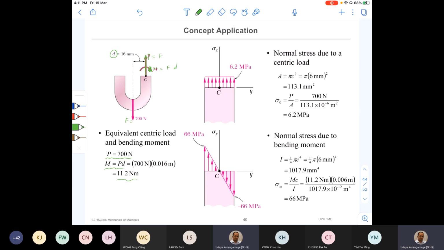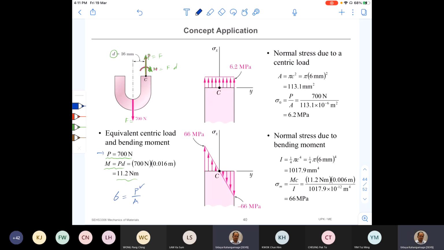Now once you know the two forces, it is easy to find the stresses. So this P is going to create a normal stress, right? We'll mark that normal stress as sigma. And that sigma should be equal to P over the area over which it is applied, because a normal force creates normal stress.